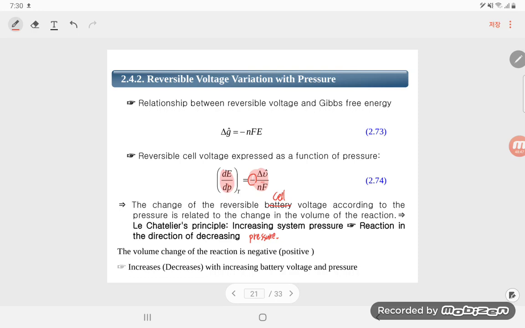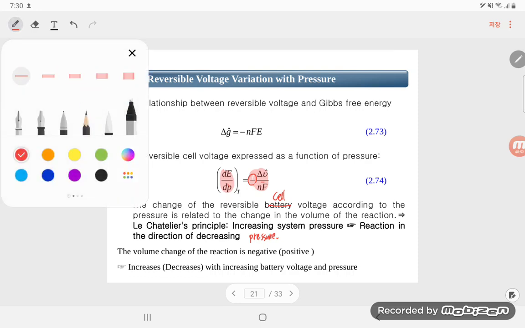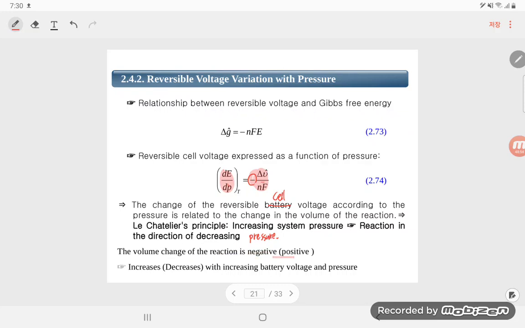So if the volume change of the reaction is negative, then the voltage increases.